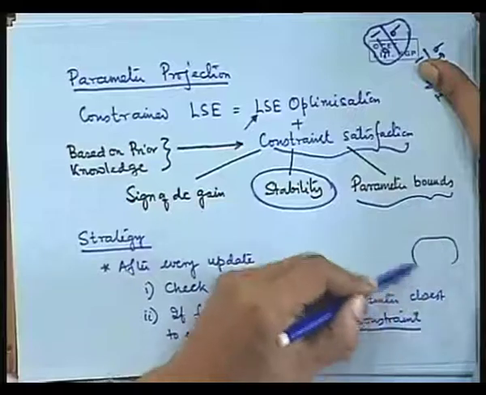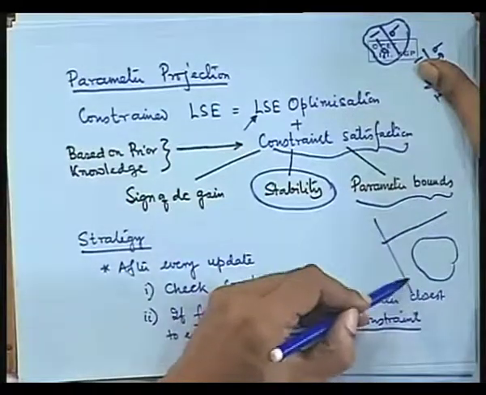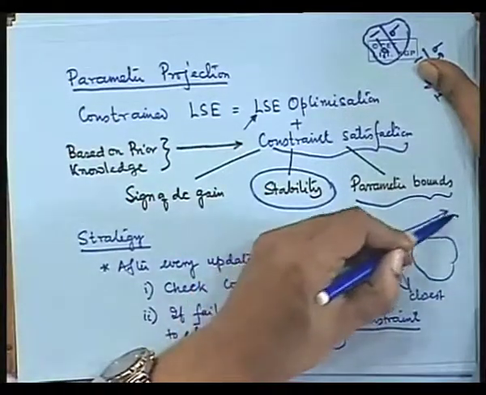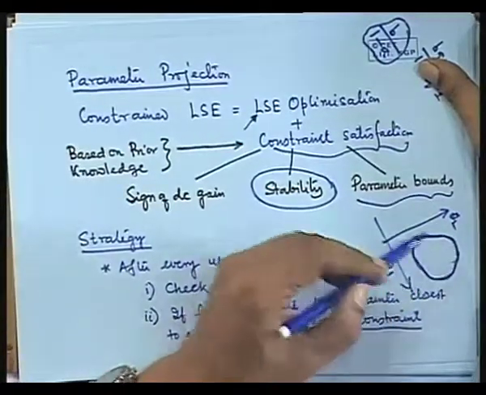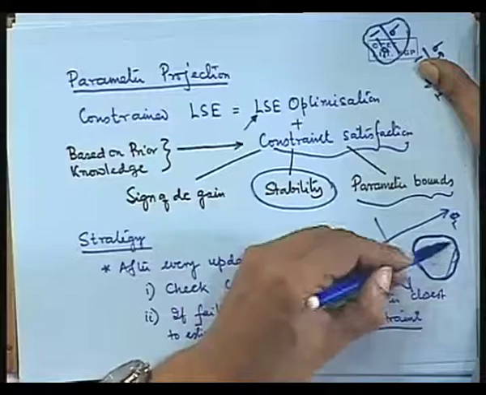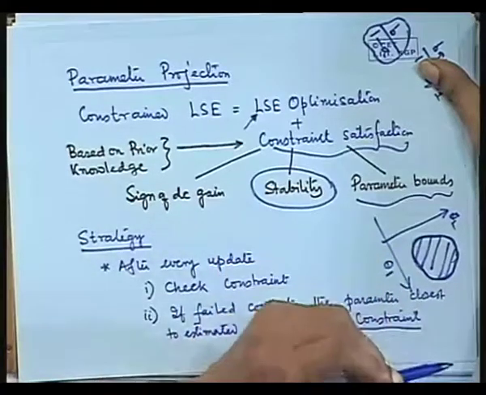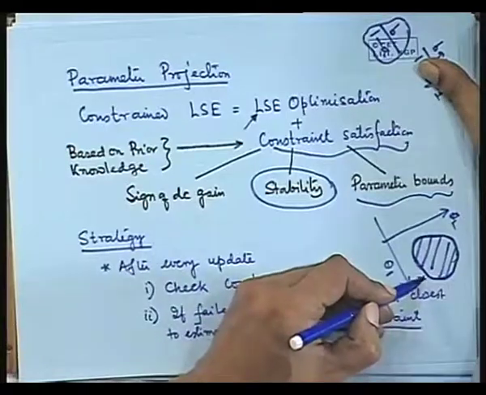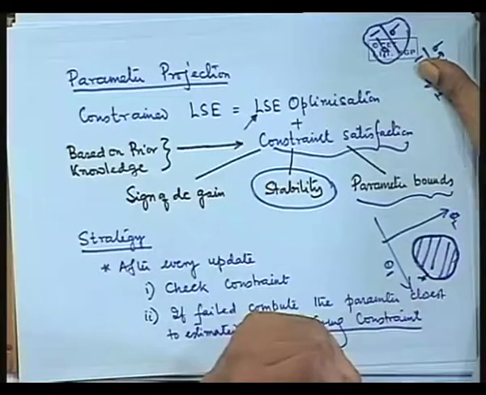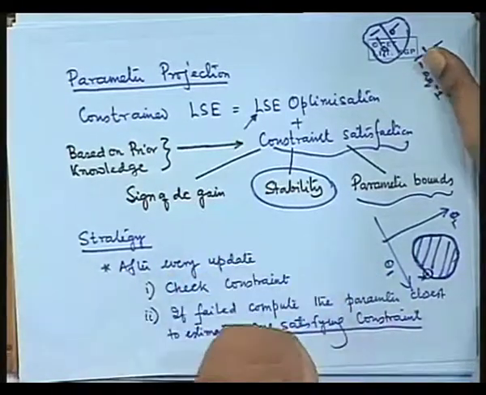So you have a part of the parameter space which will satisfy the constraint. Suppose this is the theta 1, theta 2 parameter space, 2 dimensional, just assuming, and suppose you have been given a constraint that this is the feasible part. Every time, if you get something here, then you have to find the closest parameter which falls in the region.